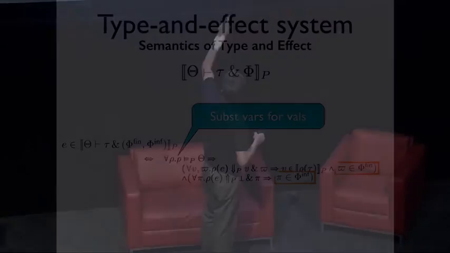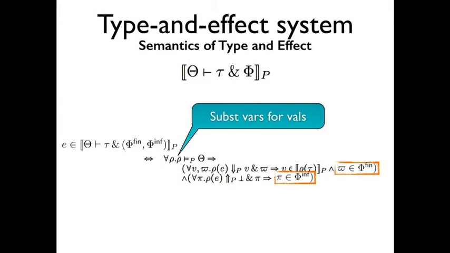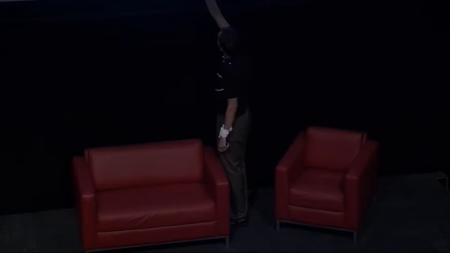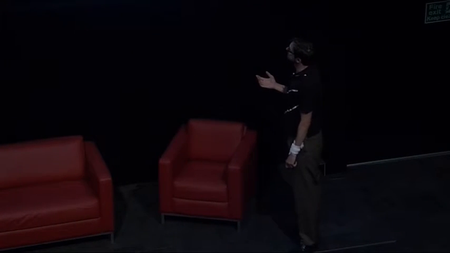If you take the finite traces of the reduction of E, those generating a trace pi are going to be in phi fin, and for the divergent traces, those pi's generated are going to be in phi inf.